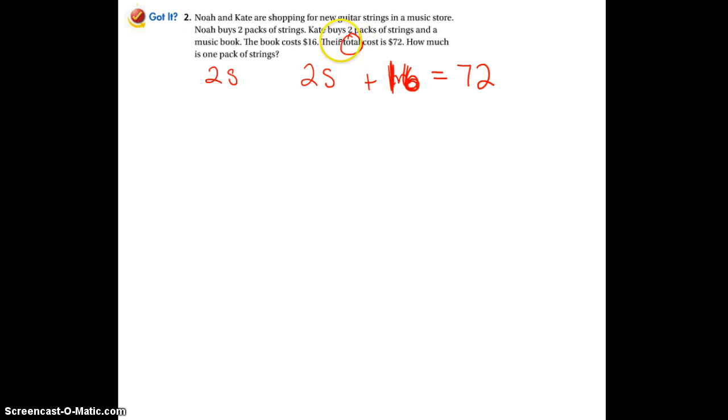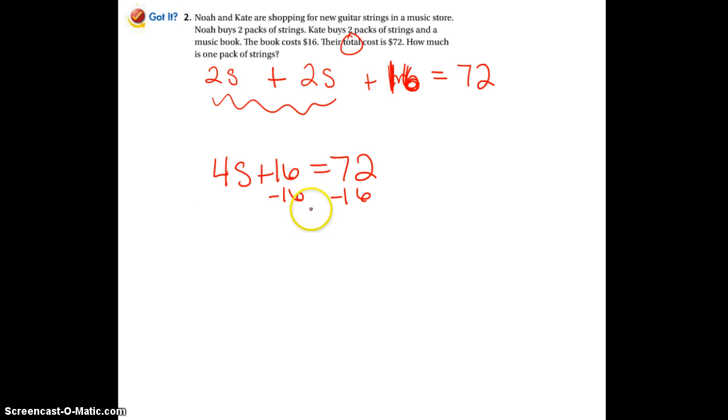So now since Noah bought some stuff and Kate bought some stuff and their total is 72, we can add it all together. When I add it all together, combine my like terms, and now it's a matter of subtracting the 16 from both sides. We got rid of that.